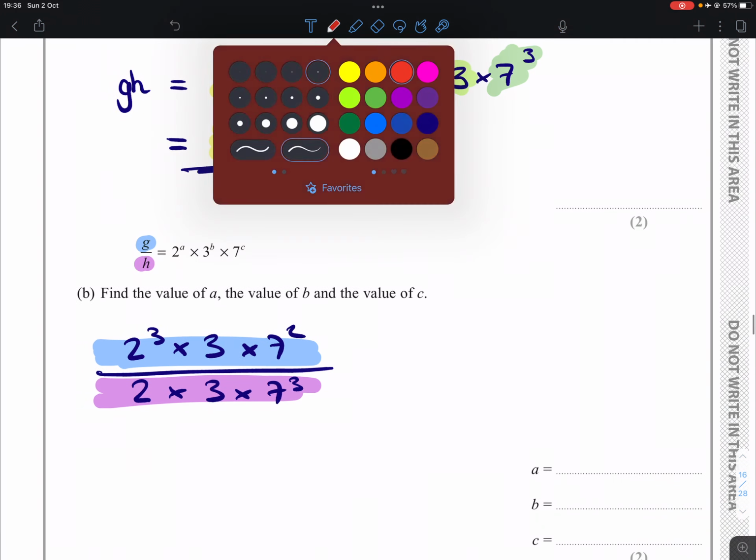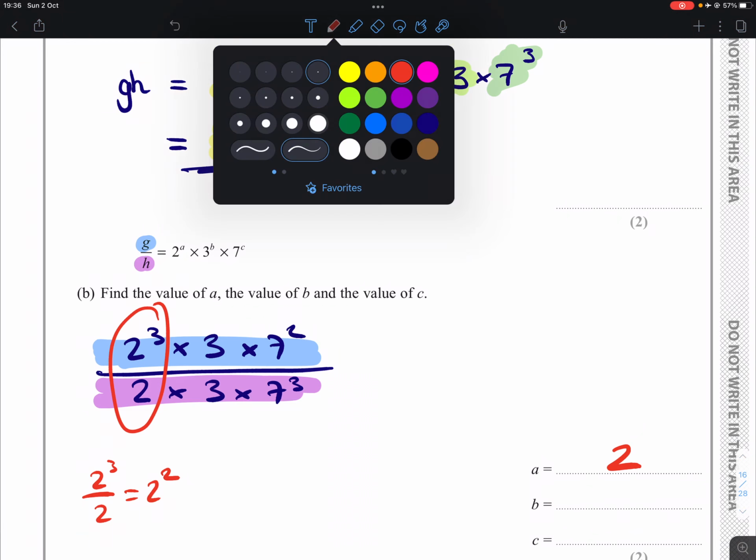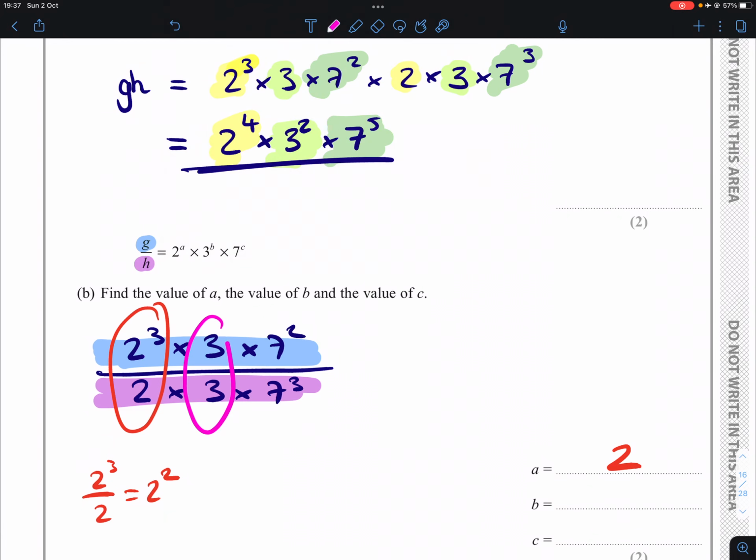Simplifying each of these, we have our 2 cubed over 2 is going to equal 2 squared, which means the value of a as the power of that 2 is also 2. We have our 3 divided by 3, which technically cancels out. 3 divided by 3 will equal 1, but also be careful, if we have to express this as a power of 3, you'd actually end up with 3 to the power of 0 is 1.